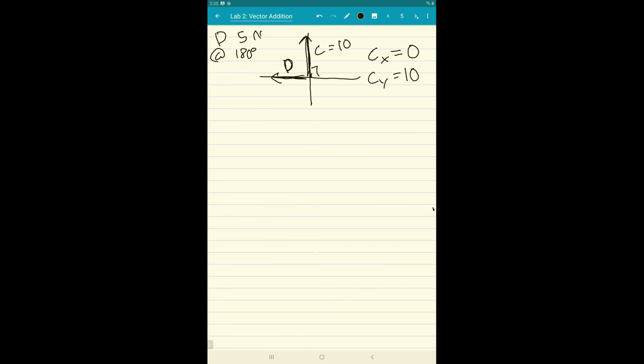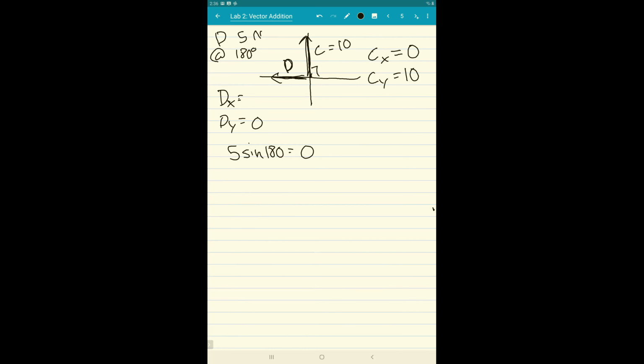Well, let's look at its x component and its y component. Well, first of all, the y component, it's not pointing up or down at all, right? It's pointing completely flat. It doesn't have any of this or any of that. Just completely flat. So therefore, its y component must be 0, and it is. And if you wanted to verify that mathematically, all you'd have to say is, well, okay, let's do 5 times sine of 180, and that's 0.